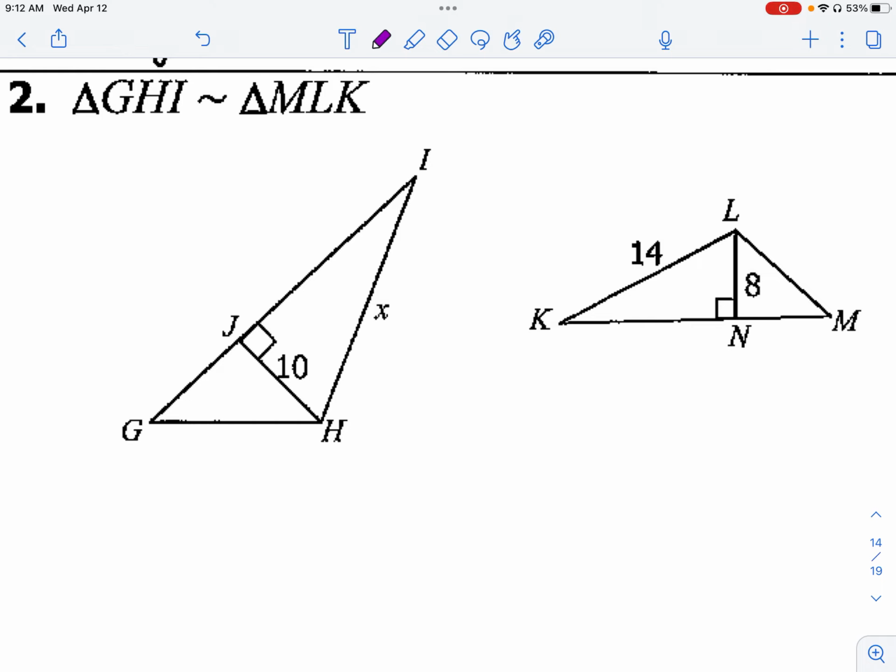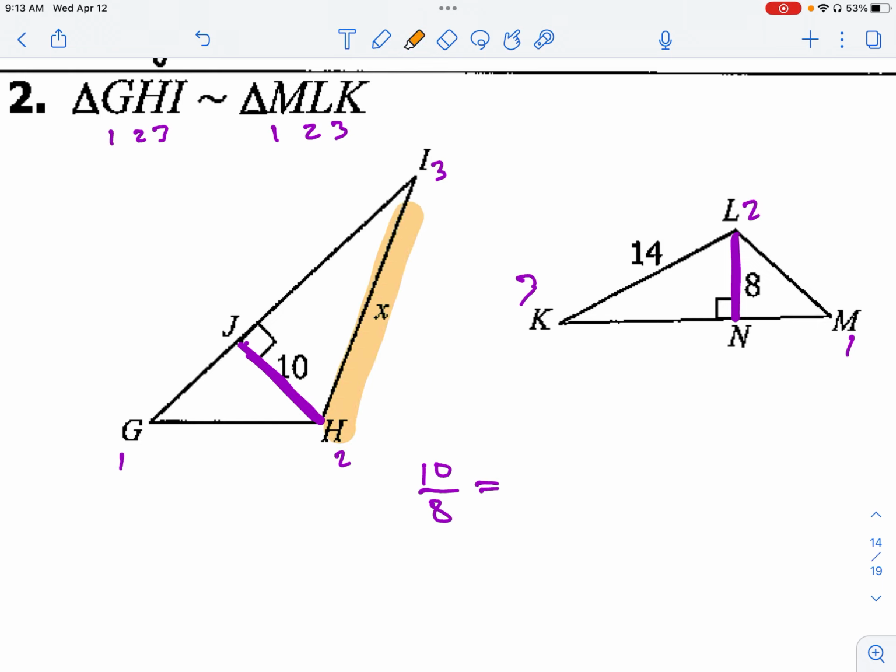GHI is similar to MLK, solve for x. Well, here we have altitudes. And the first thing we want to do is line up our triangle. G is 1, H is 2, I is 3, M is 1, L is 2, K is 3. So we're going to go 10 over 8, because those are altitudes.